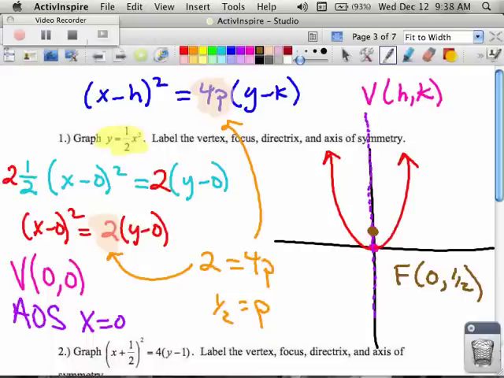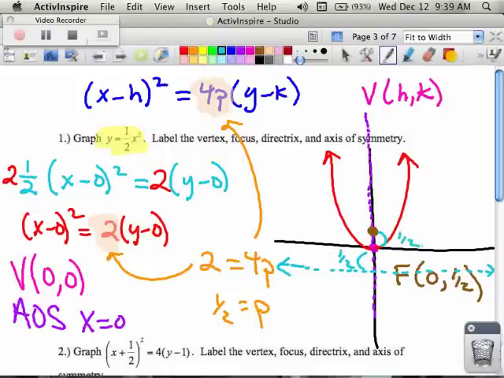My directrix is a line on the outside of my parabola. It's a line that your parabola will never go through. It looks like this. This is my directrix. Guess how far away from your vertex the directrix is? 1/2. So I know this is 1/2 of a unit.